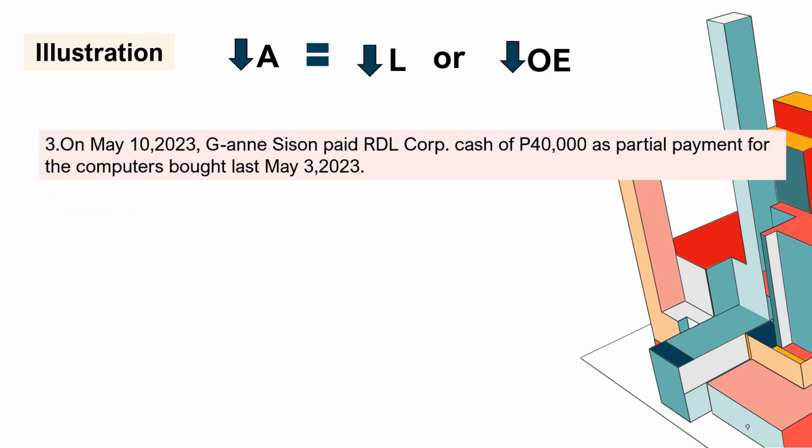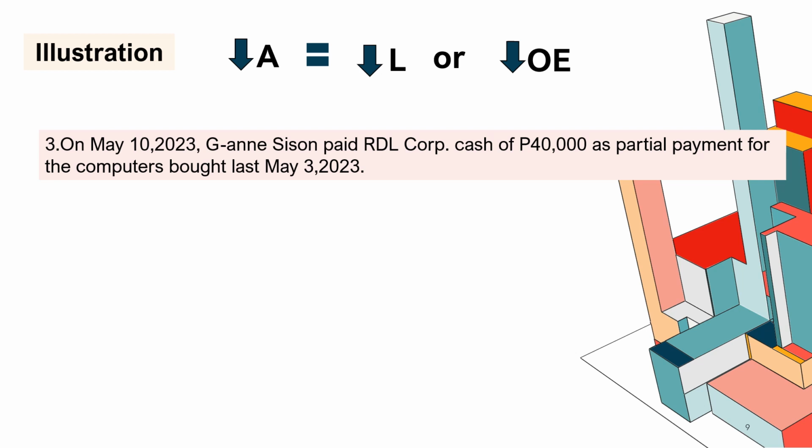Okay, next transaction, decrease in assets equals decrease in liabilities or decrease in owner's equity. Okay, let's have an example. On May 10, 2023, GN Season paid RDL Corporation cash of 40,000 as partial payment for the computers bought last May 3, 2023. So let us analyze what items in our accounting equation are affected by this transaction.